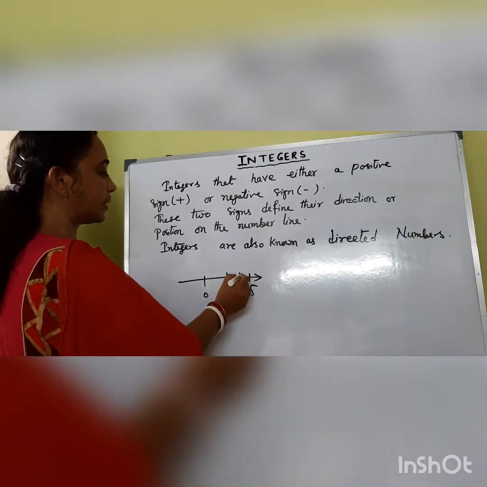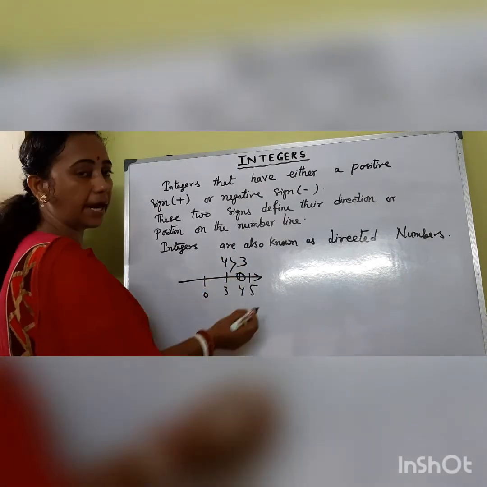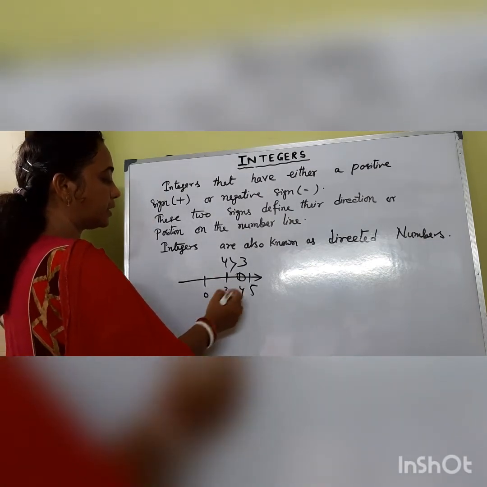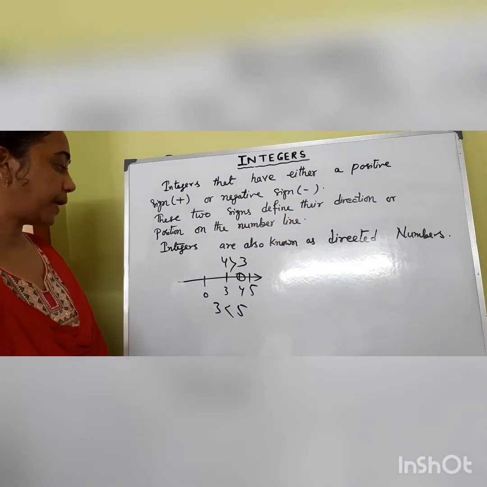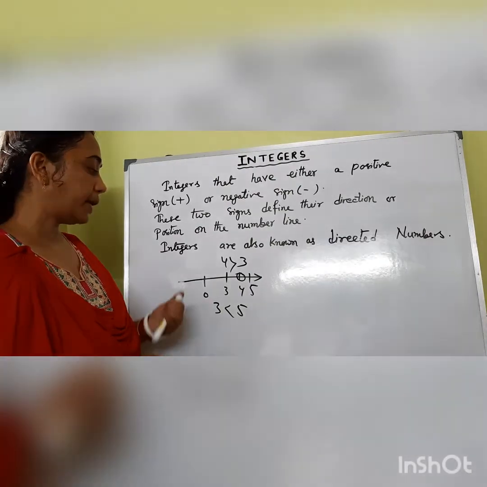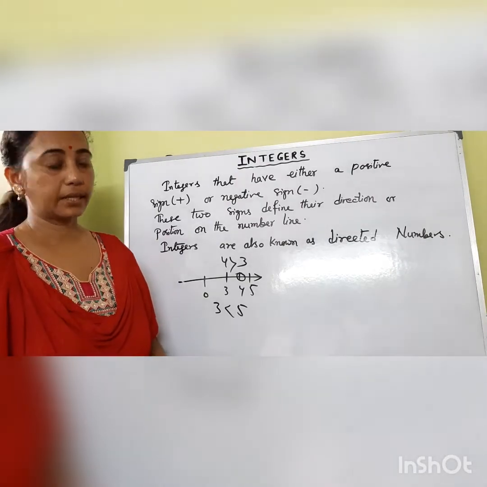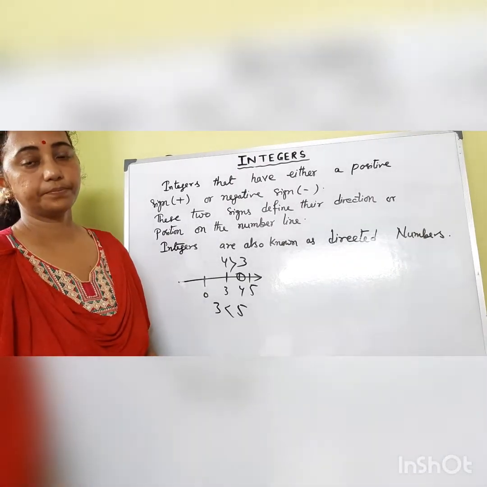Here 4 is greater than 3 because 4 is to the right side of 3 on the number line. But similarly, 3 is less than 5 because 3 is to the left side of 5 on the number line. So, by observing the number line, we can easily say which integer is greater and which is smaller.